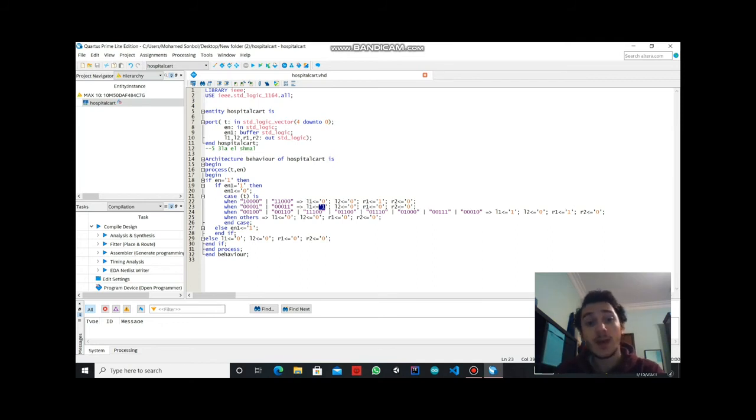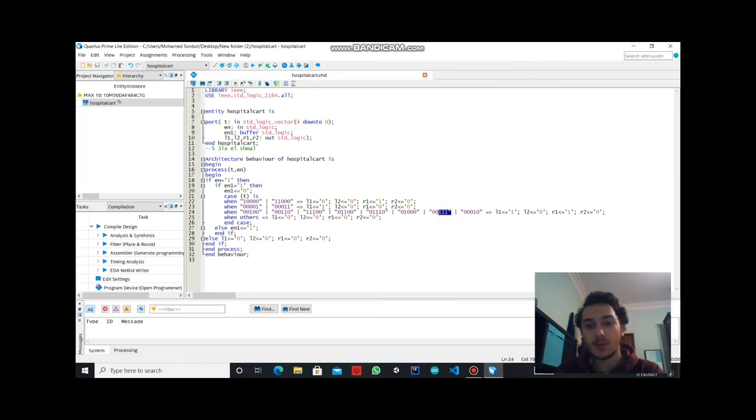The third case is concerned with our car sensing the line in its middle, so the car moving forwards. And what we do is we have a lot of cases.